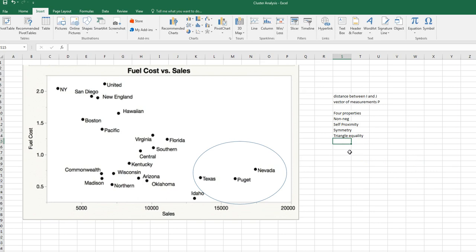Now, one of the most commonly used distance metrics is the Euclidean distance. The formula for that I've given in the notes that are available on Canvas, but we're going to apply that formula in order to see how the Euclidean distance is calculated.